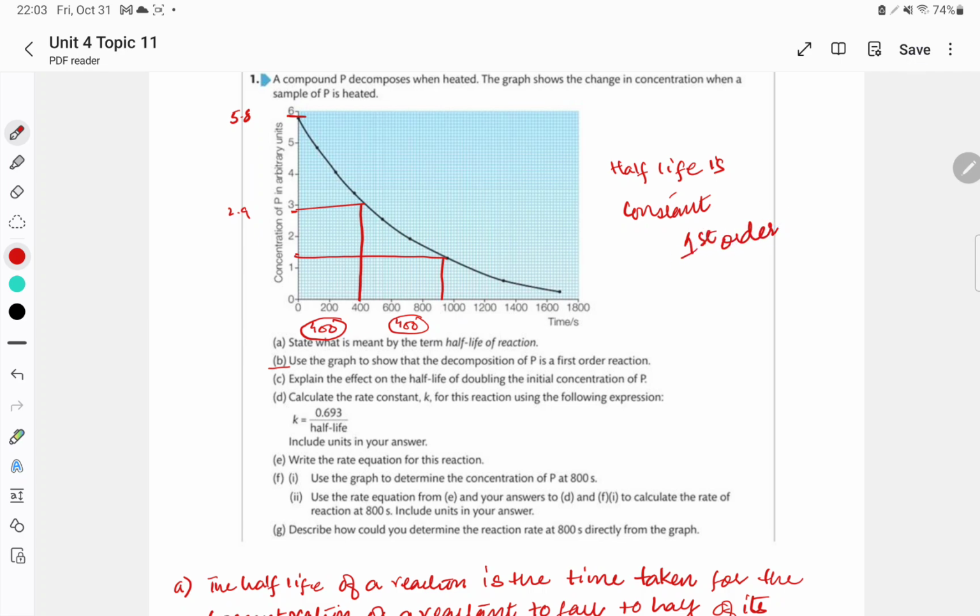Then it says, explain the effect on the half-life of doubling the initial concentration of P. Because this is a first order reaction, the half-life is independent of the initial concentration, so there will be no change.